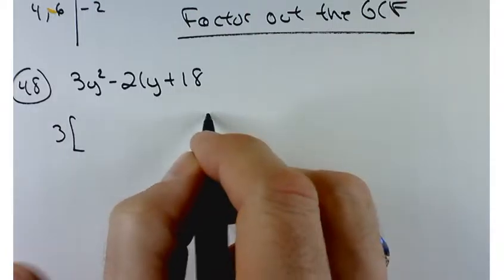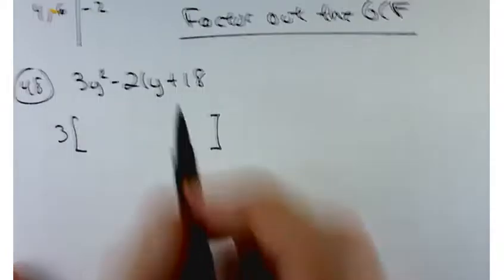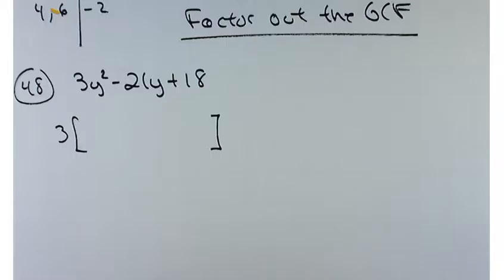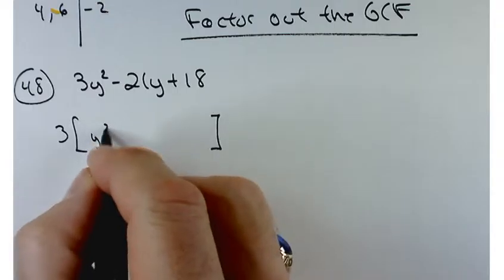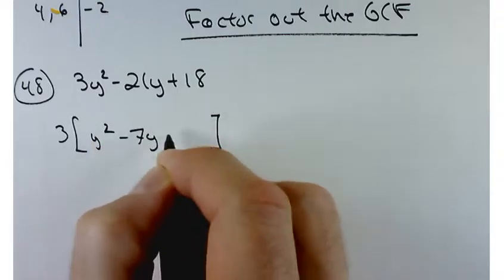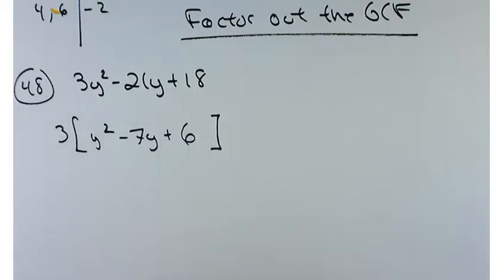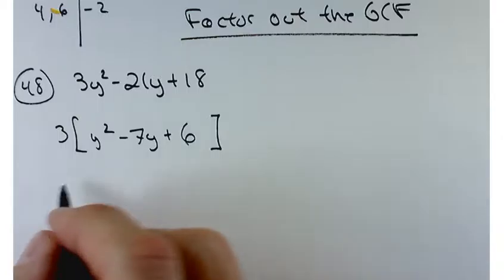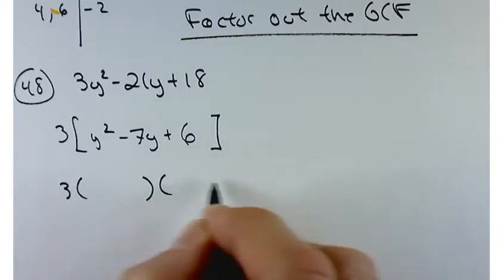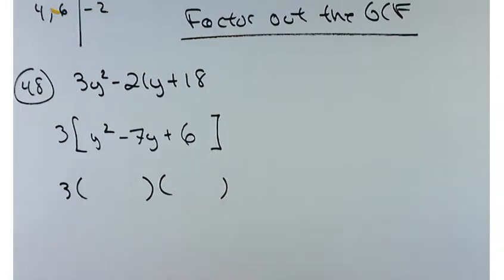So if I factor out the 3, what gets left behind? Y squared minus 7y plus 6. Now, can I just ignore the 3, just toss it out altogether? No. You have to keep the 3 around, but I can factor what's in the middle here.